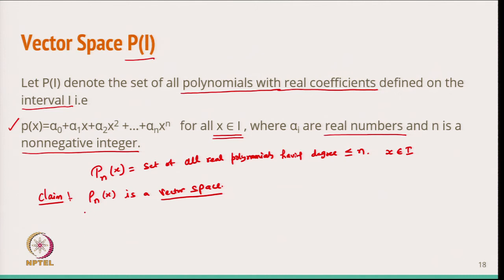So, now I am defining that it is a vector space under vector addition, which means the usual vector addition, how two polynomials are added, and usual scalar multiplication.